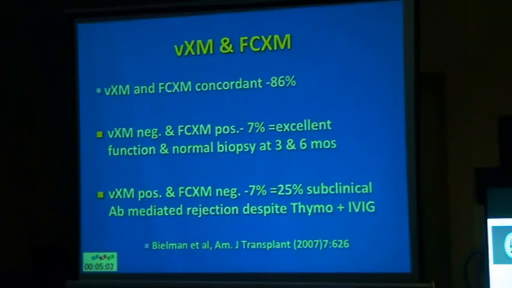Virtual cross-match in comparison to the flow cytometry cross-match. In one of the studies, virtual cross-match and flow cytometry cross-match showed concordance in 86% of patients, while 14% were discordant. Virtual cross-match negative and flow cytometry cross-match positive was in 7%, and these 7% gave excellent function and normal biopsy at 3 and 6 months.